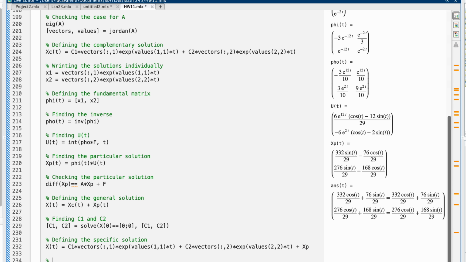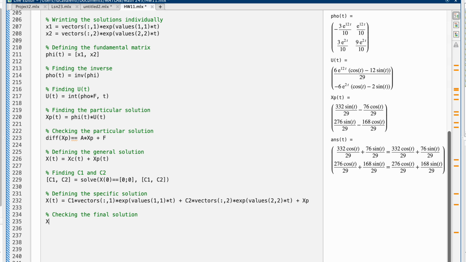And then we want to check the final solution to make sure it is still valid. So derivative of x equals A times x plus f.